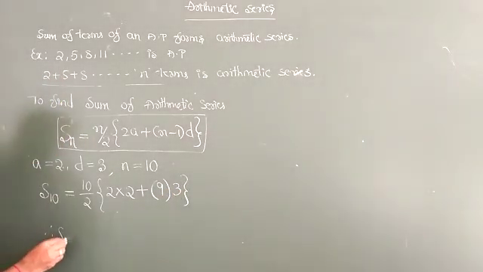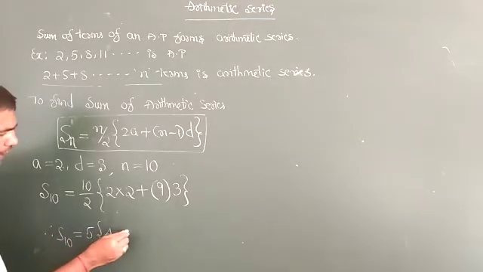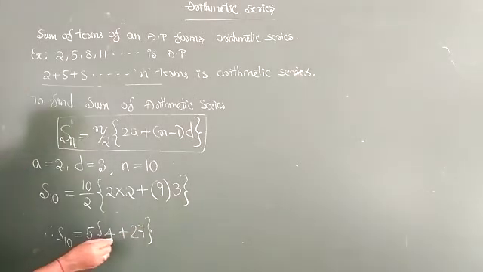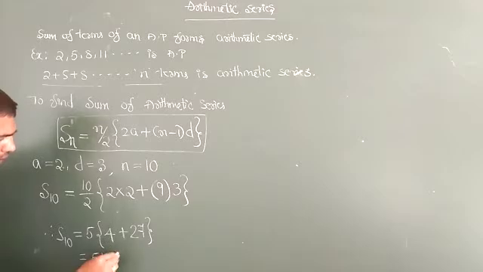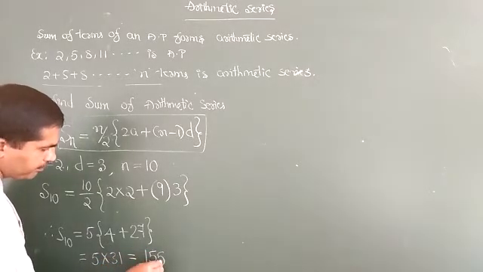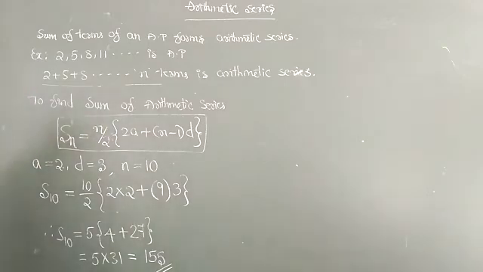S10 equal to 10 by 2 is 5 into 4 plus 9 times 3 is 27. 27 plus 4 is 31. That is, I have got 5 into 31, or it is 155. What is 155? 155 is the sum of the first 10 terms of the given AP 2, 5, 8, 11, etc.